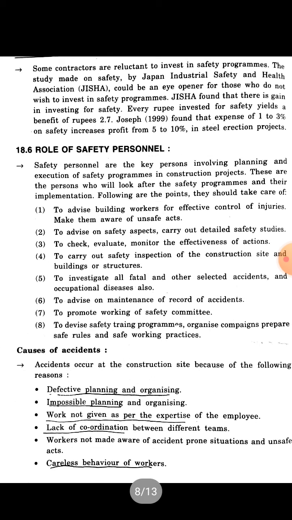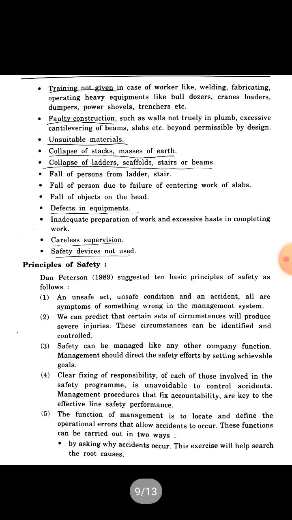So these are the main causes of accidents.